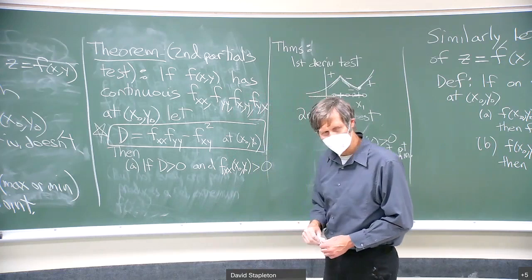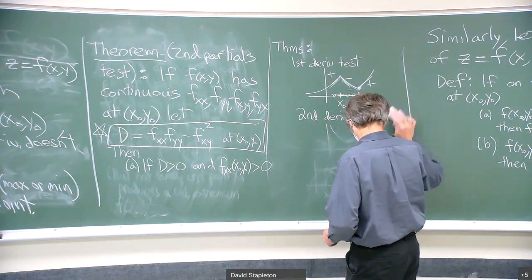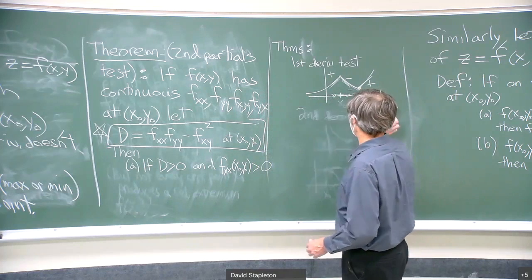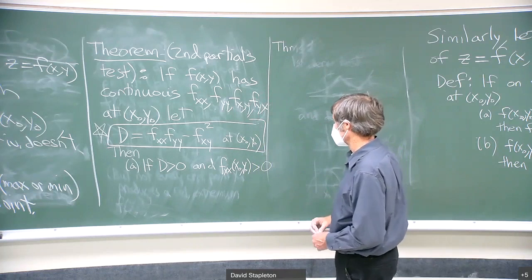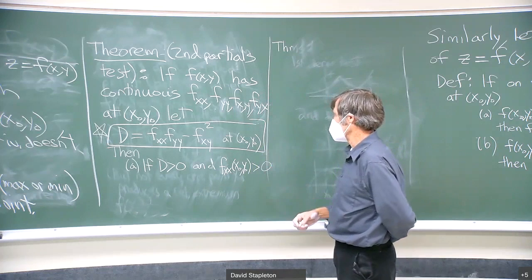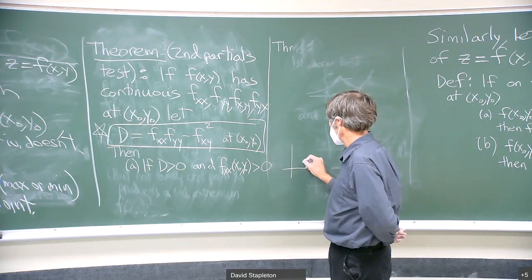This is where intuition helps you to remember this theorem more than just memorizing line for line like it's your Greek class or French class. If D is positive and fxx is positive, then this is what happens.